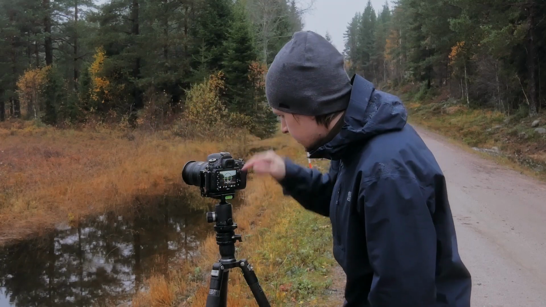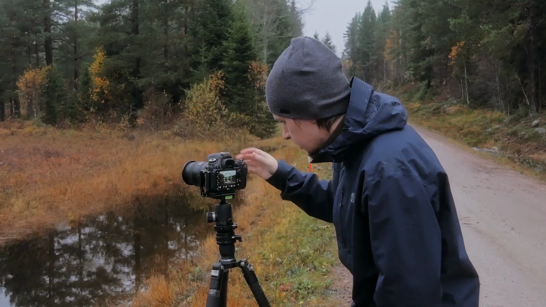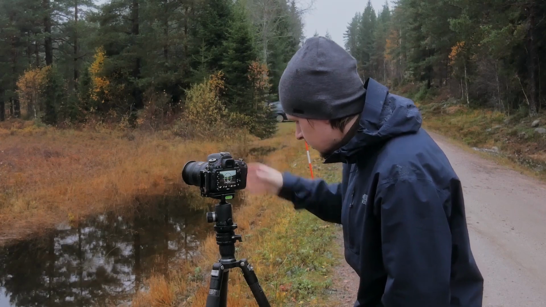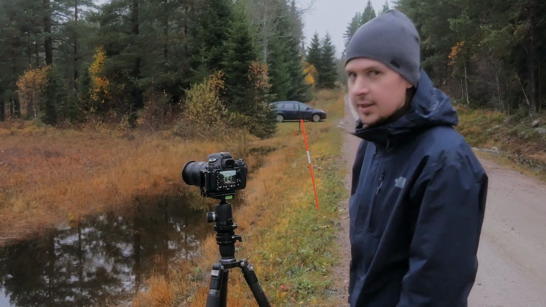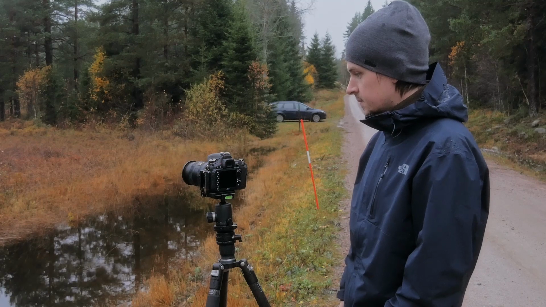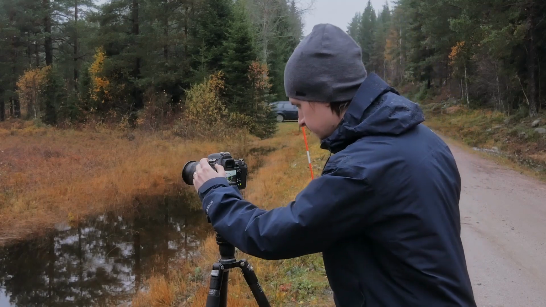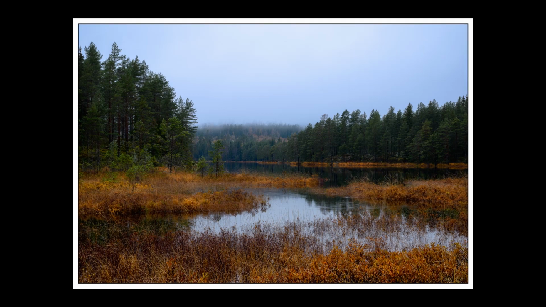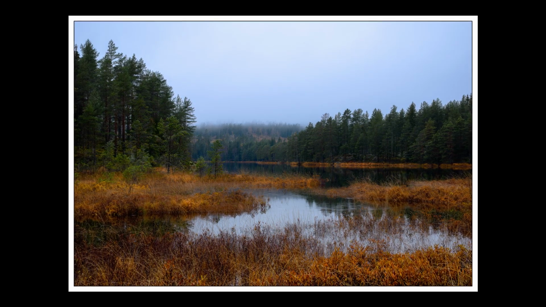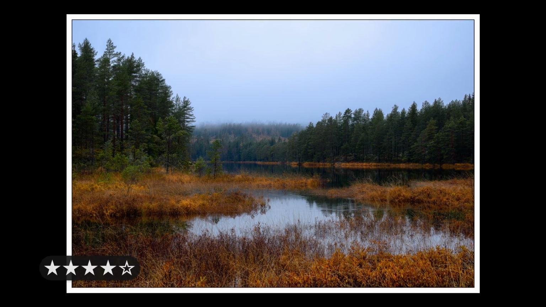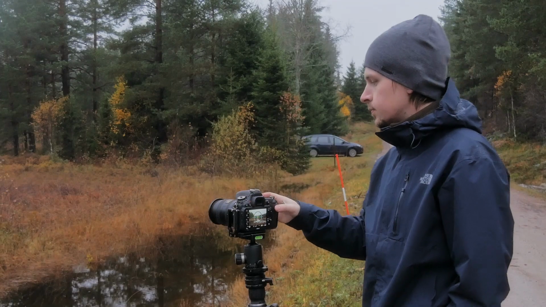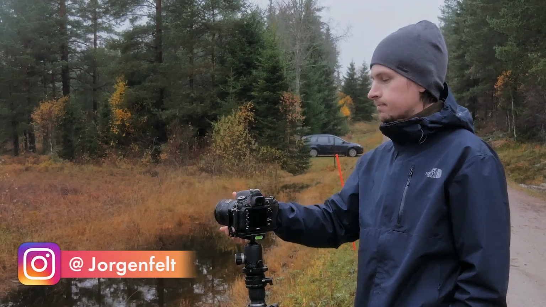Vibration reduction is off, self-timer, quite a solid foundation. 2-second exposure, f16. And that's that.